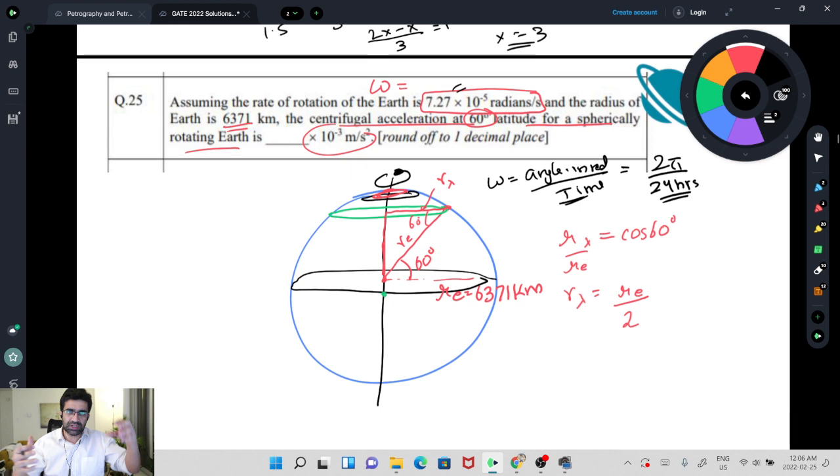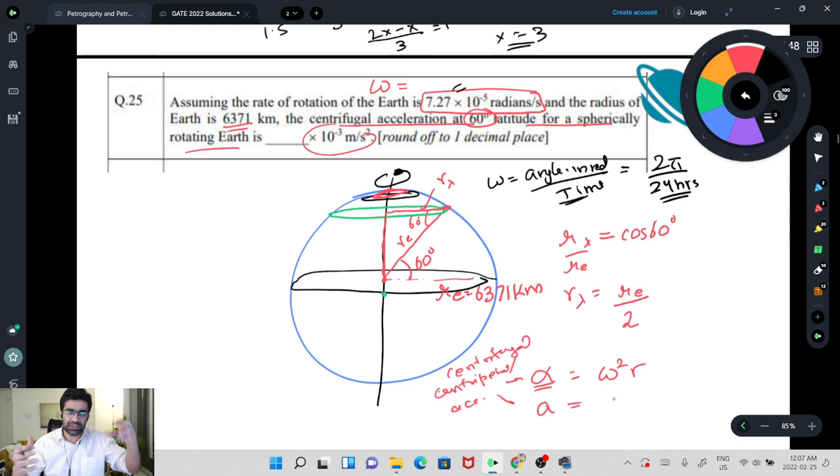And you know, centripetal acceleration alpha is equal to omega square r. Centripetal or centrifugal, both will be the same.